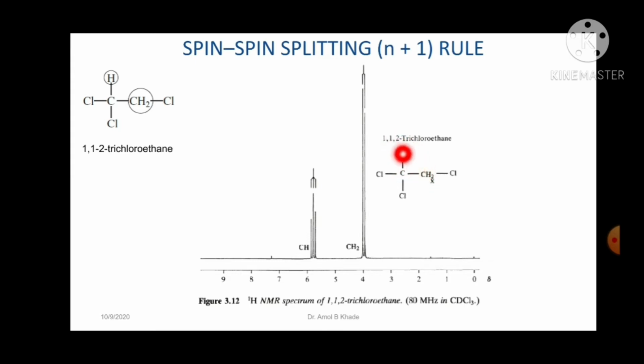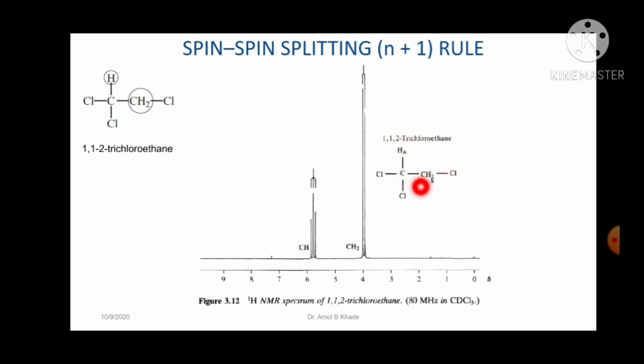This HA is connected to this carbon, so the neighboring carbon is this CH2, which has 2 protons. So the value of n will be 2. Plus 1, it will be 3, and that's why the CH proton or type A proton is going to split into a triplet. It will show a 3-line signal.